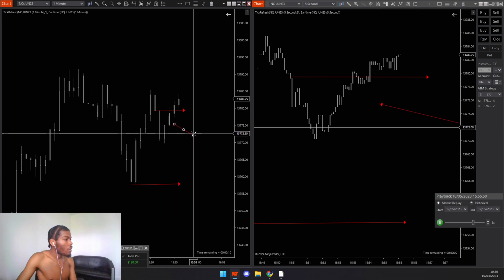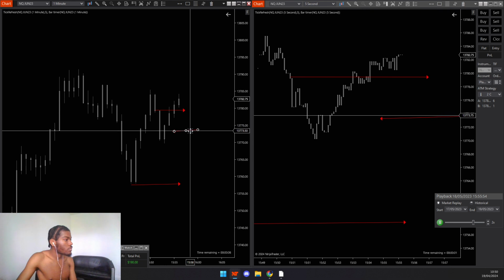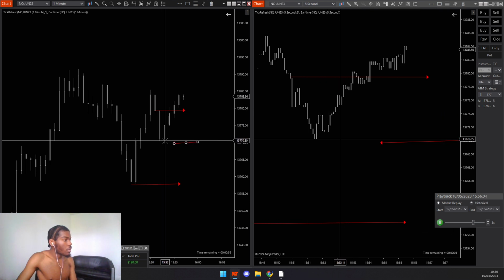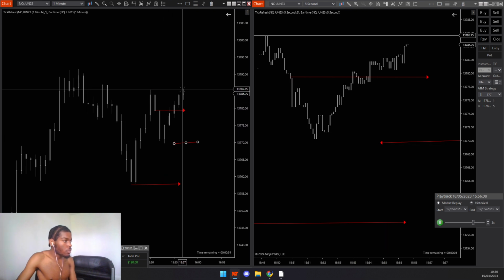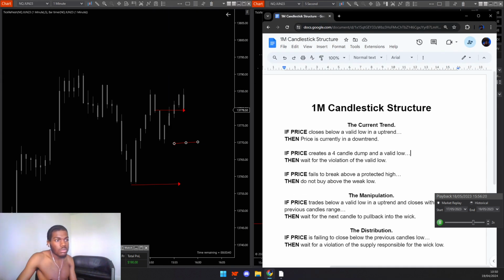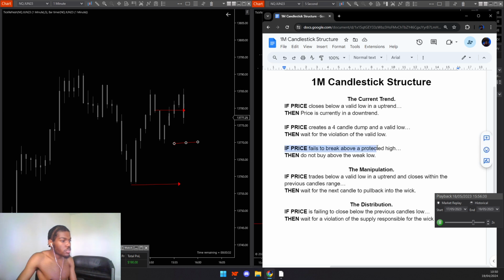Now, I want to show you guys something. This is a weak low. I don't buy above, we close. I'll show you guys. If price fails to break above a protected high, then do not buy above the weak low.